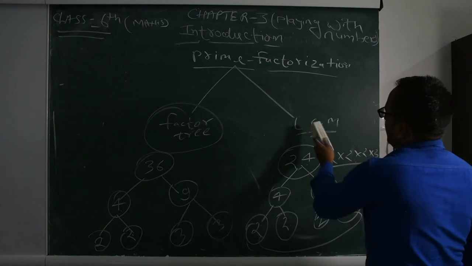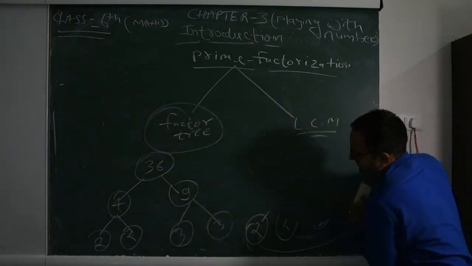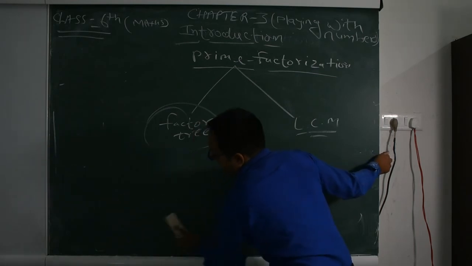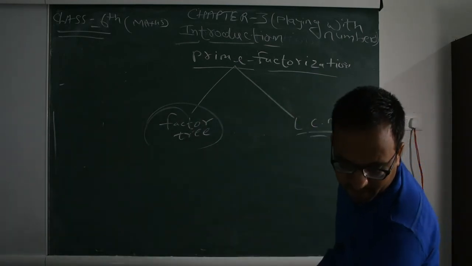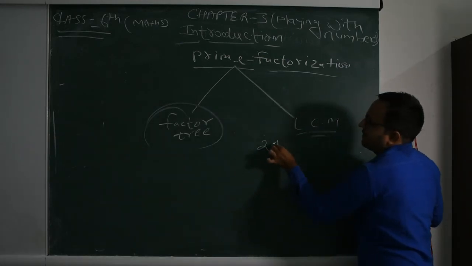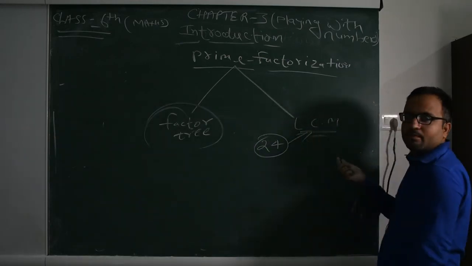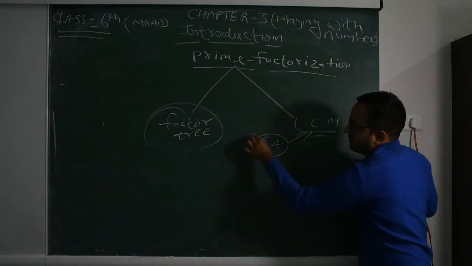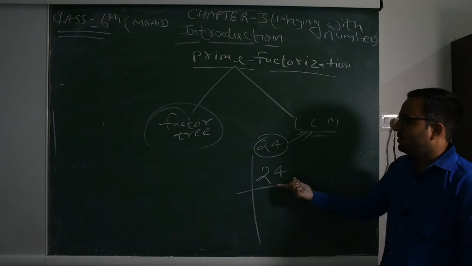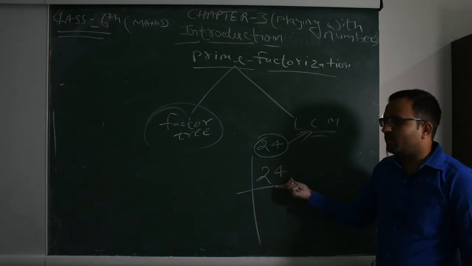Now we discuss the LCM method. LCM means least common multiple. We find out the factors of 24 with the help of the LCM method. For the LCM method we take the smallest prime number.